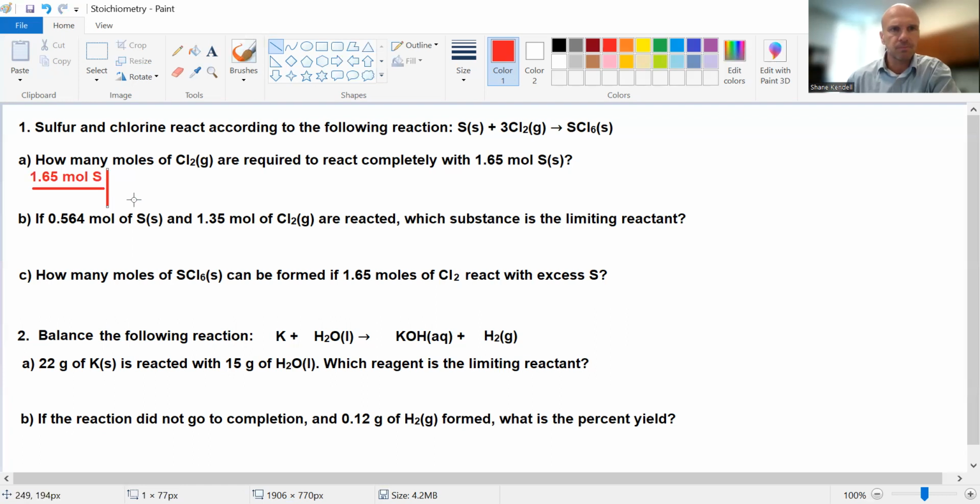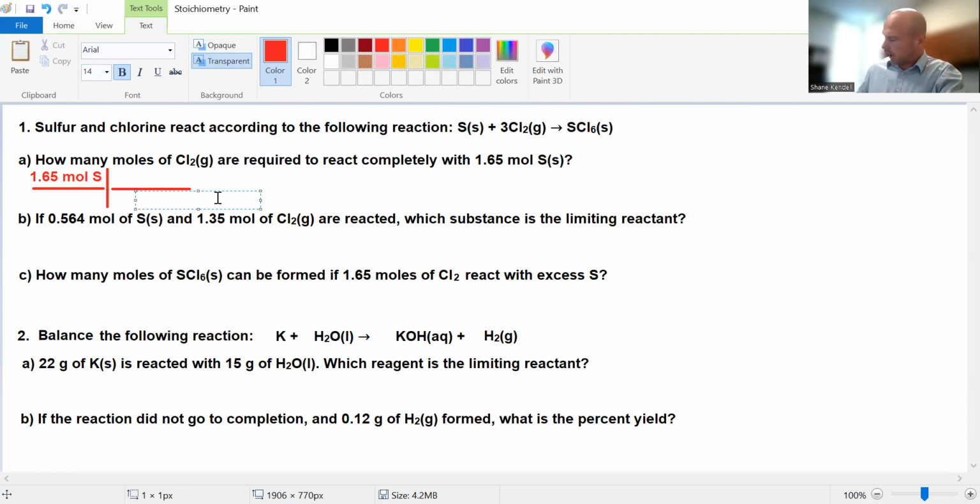Now, here's where we put in that stoichiometric ratio. The stoichiometric ratio is a fancy word for just saying these numbers that are in front of these quantities in the equation. So if we start off with mole of sulfur in the numerator there, I know I've got to have mole of sulfur in the denominator over here. So straight away I can put in that I'm going to have mole of sulfur.